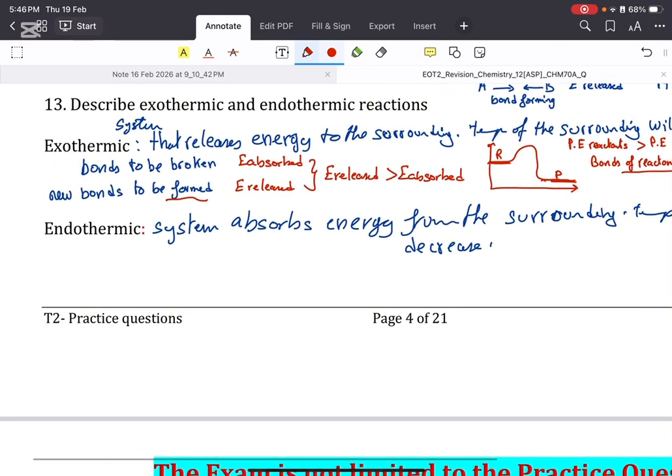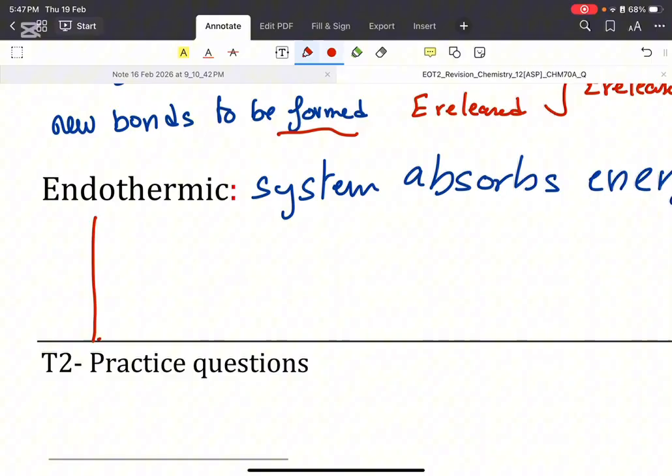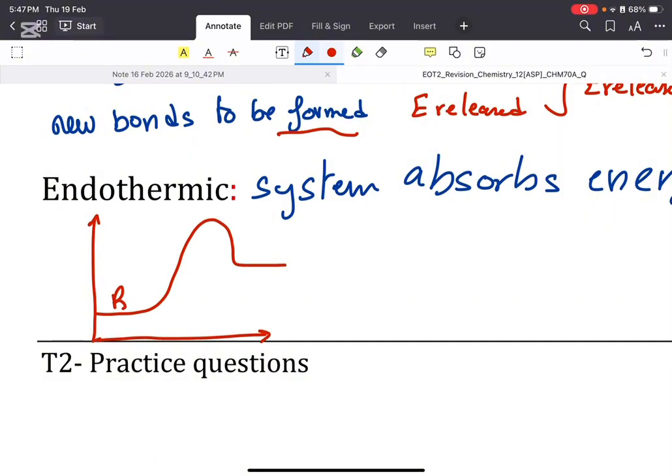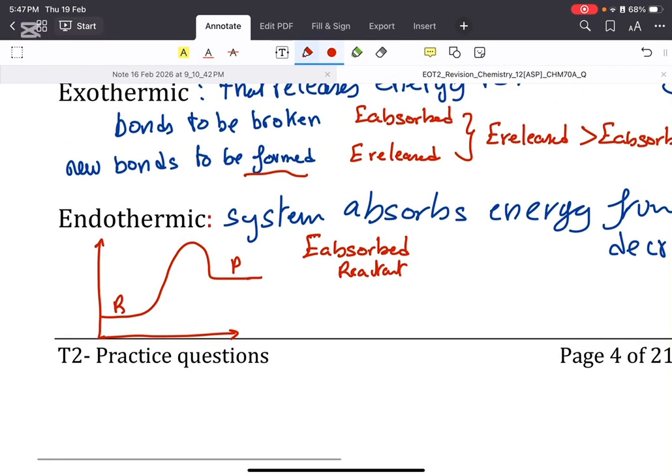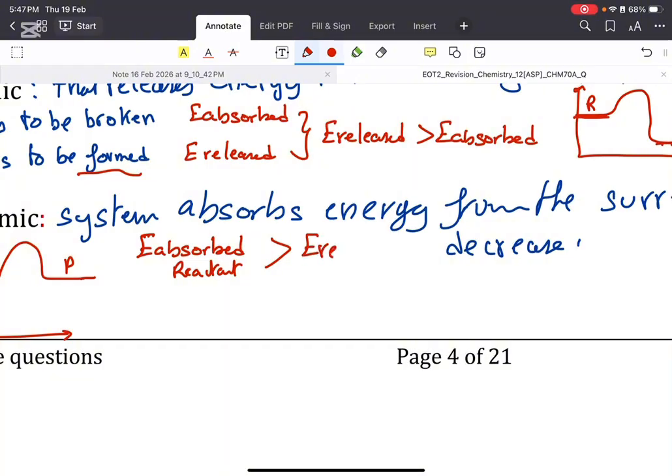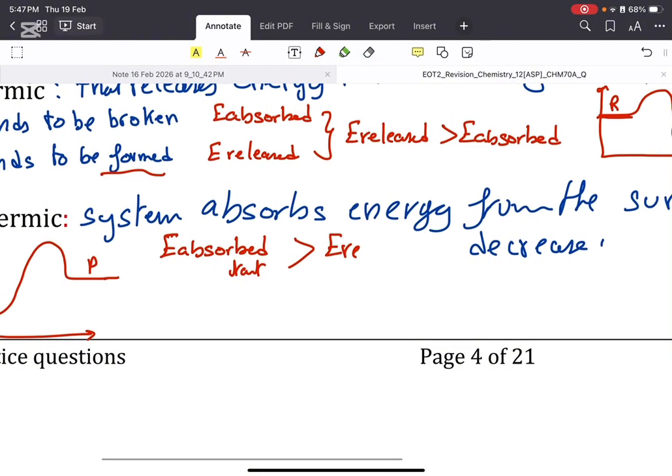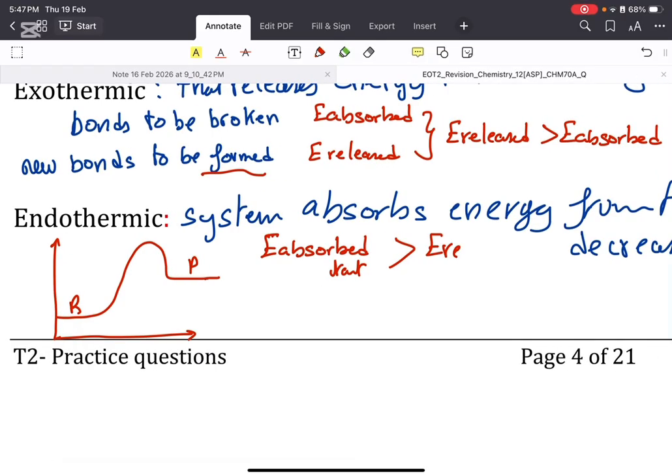Now it's the opposite in the endothermic. If I draw a diagram for the endothermic, it's going to be like that. I have here reactants and here products. The energy absorbed to break the bonds in the reactants is more than the energy released when bonds were formed.